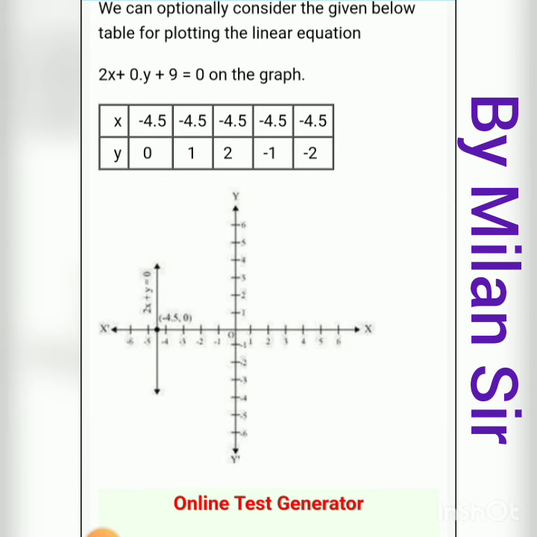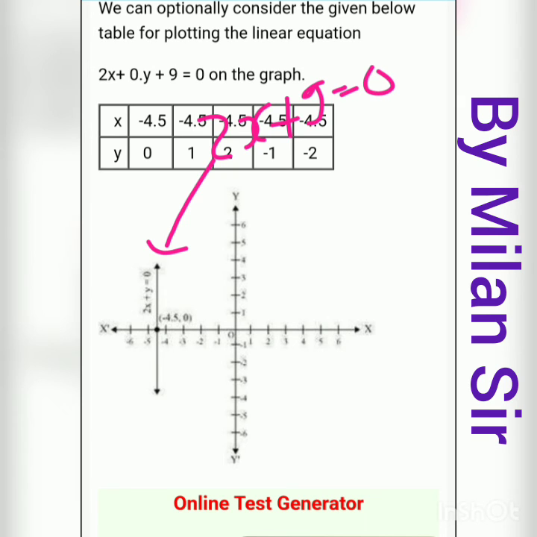Now this line is the graph of your given equation 2x plus 9 is equal to 0. Here our x coordinate is constant, that's why we get one line which is parallel to the y-axis.